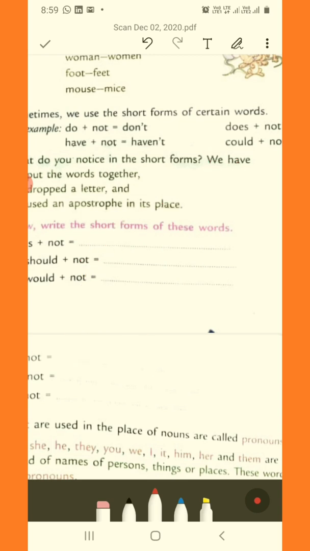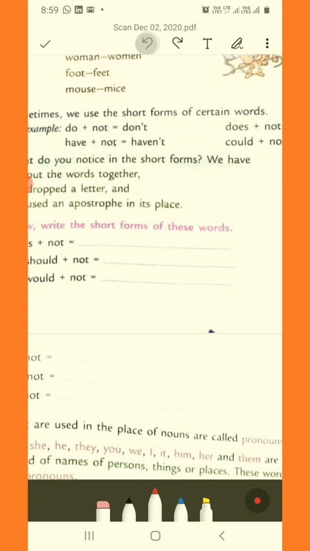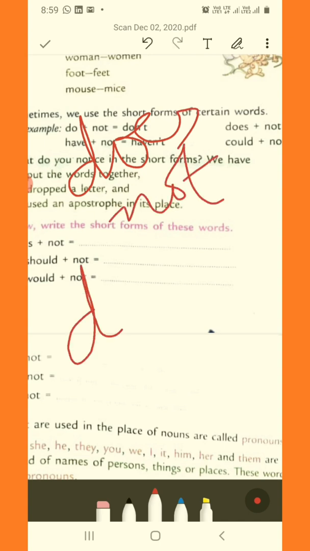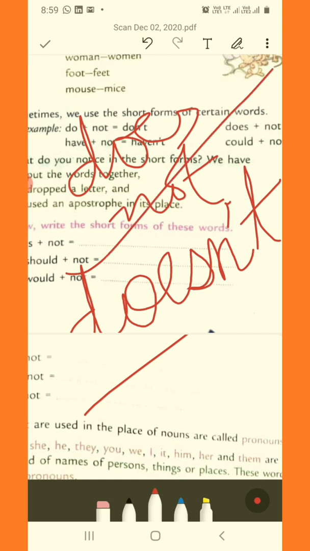No, we call it an apostrophe. A comma is written below, an apostrophe is written on the top part, between two letters, just above this n. Clear? So this is called an apostrophe. Like does not, D-O-E-S-N-O-T. How do I write it in short form? It will be doesn't, D-O-E-S-N apostrophe T, doesn't. Am I clear? Very simple. That's how you go.